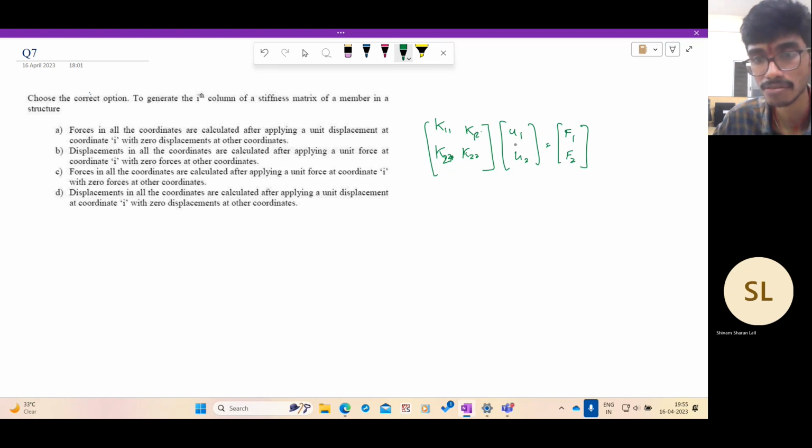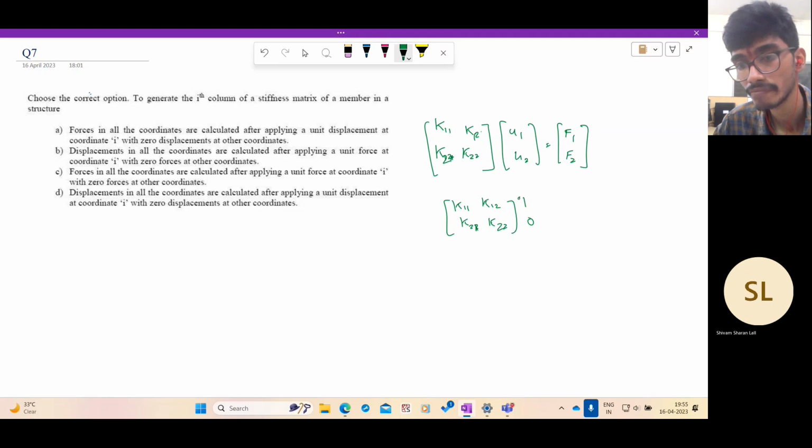If you make U1 1 and U2 0, you get F1 equal to K11, F2 equal to K21.